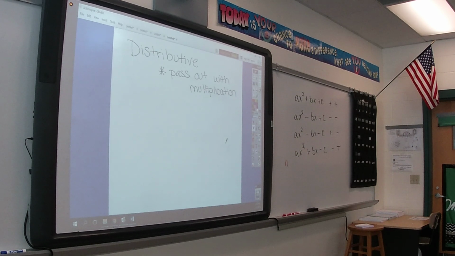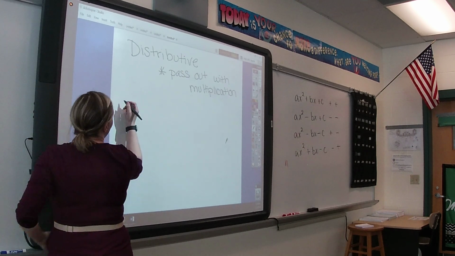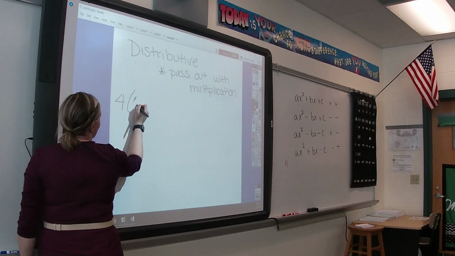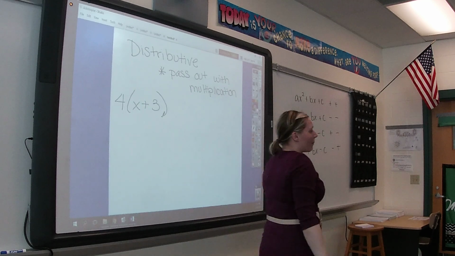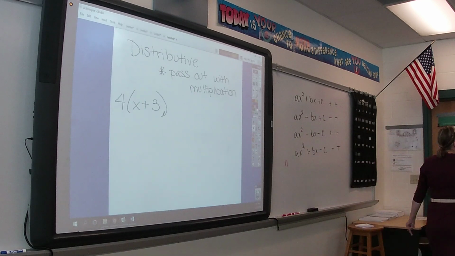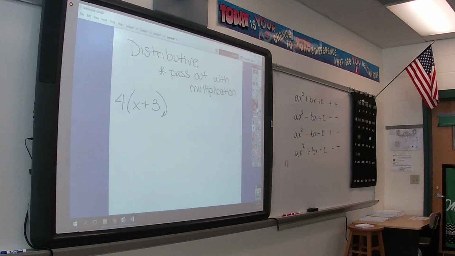To distribute, we're passing something out, but now we're passing it out with multiplication. The biggest piece we need to make sure we're okay with is our signs.